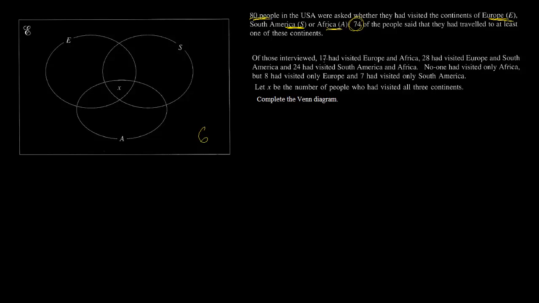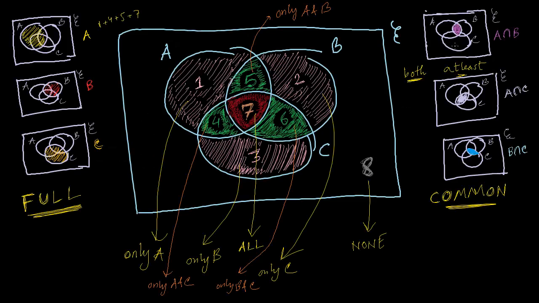The next information that we have: of those, 17 had visited Europe and Africa. So Europe and Africa is 17. Now what does that mean? The language is very, very important. It means they have visited Europe and Africa, which means this region. This is very important. If they had said only Europe and Africa, then it would have been this region.